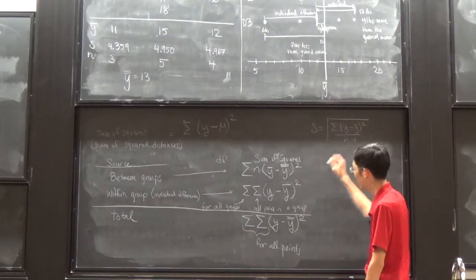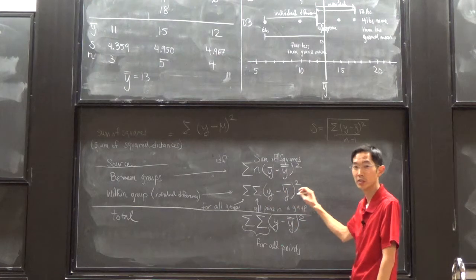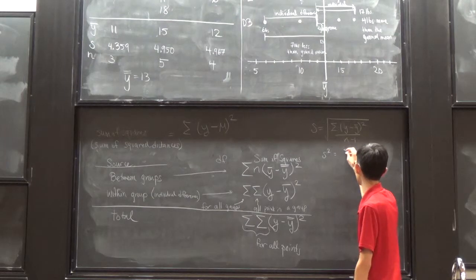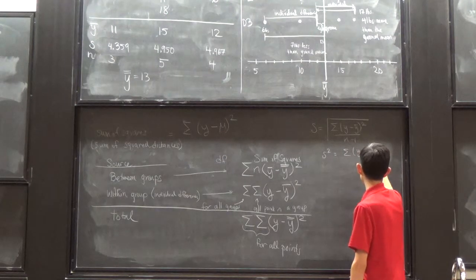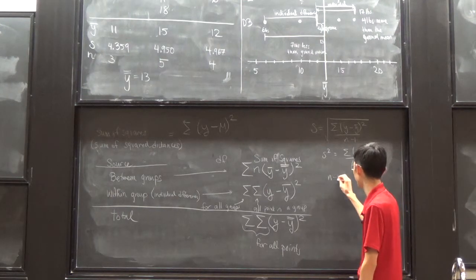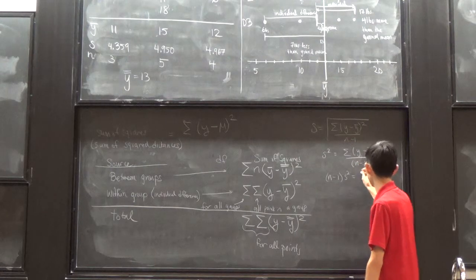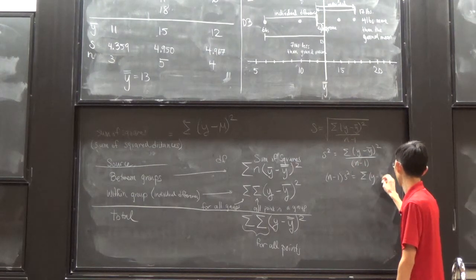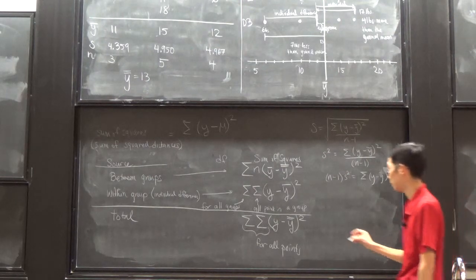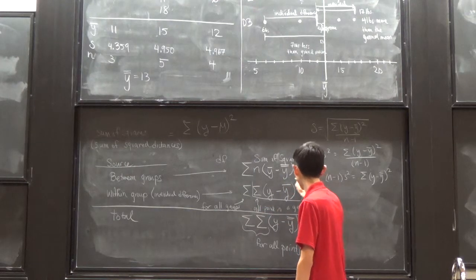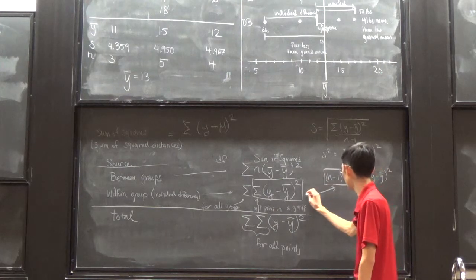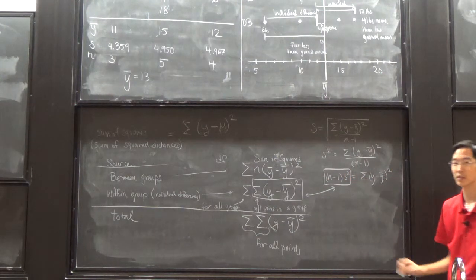This part is the same as this part right here. So I can square both sides, and I get s squared is equal to the sum of y minus y bar squared over n minus 1, and I can multiply both sides by n minus 1. And so this part right here can be replaced with this part right there, because that's what we have.